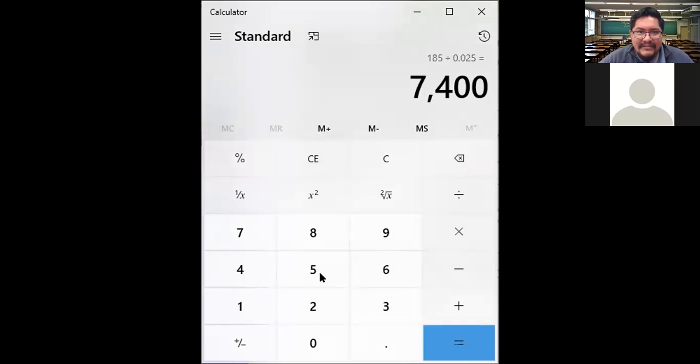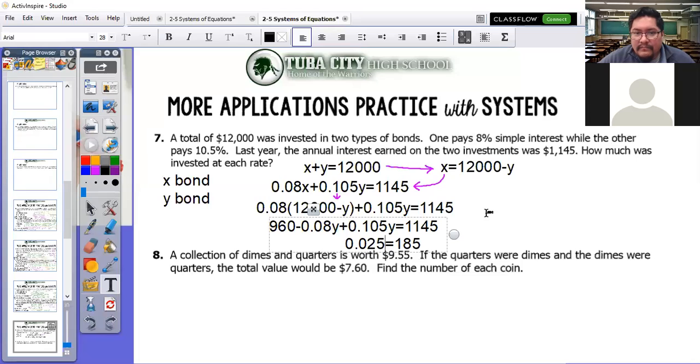Again, sometimes this looks weird because this goes against what some people think. Some people think that if you divide, you're always supposed to get a smaller number. But sometimes you can divide and get a much larger number. So in this case, we're talking about the Y bond. The account Y will yield $7,400.